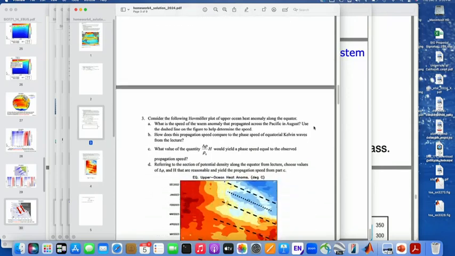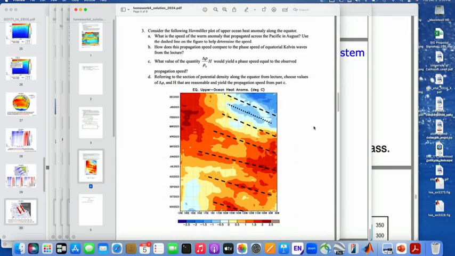Okay, so let's see. I think I've given you that much, and then here we go. This is the Hovmöller plot. Usually I update this every year and give you what's happening this year. But this year, remember I said it's so boring? So I kept it the same as last year, because last year we were having an El Niño.